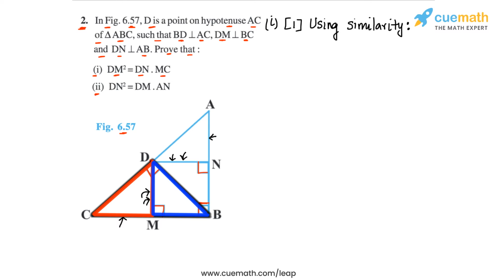We have used this result often in the past in earlier problems. If you want, you can pause the video for a few moments and think about why these two triangles will be similar, but I'm going to use this result directly.